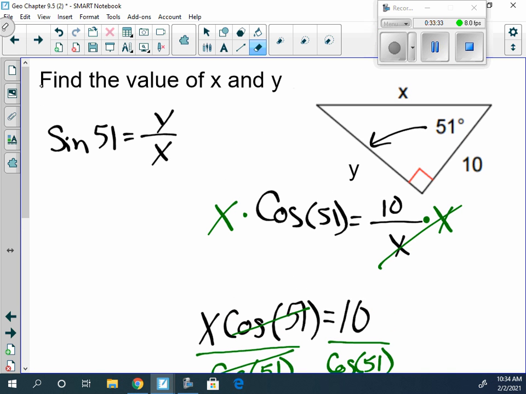So we got that there. Now we just need to find the value of y. So we got 15.9.